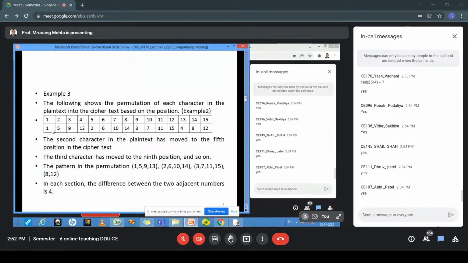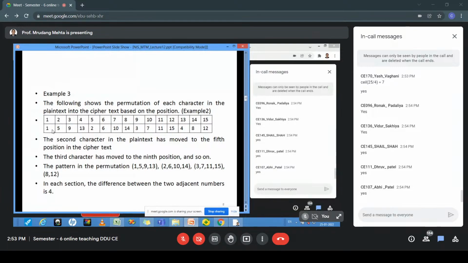Fourth character is shifted to 13th position. Fifth, sixth, 7, 8, 9, 10, 11, and so on like that, up to 15.